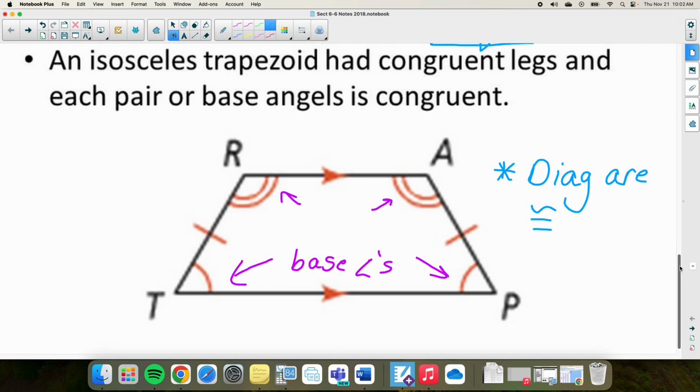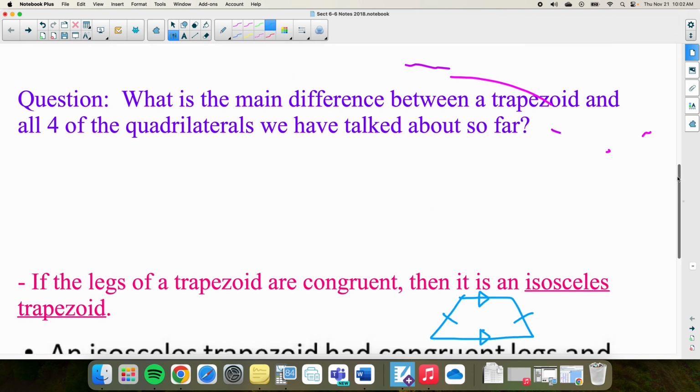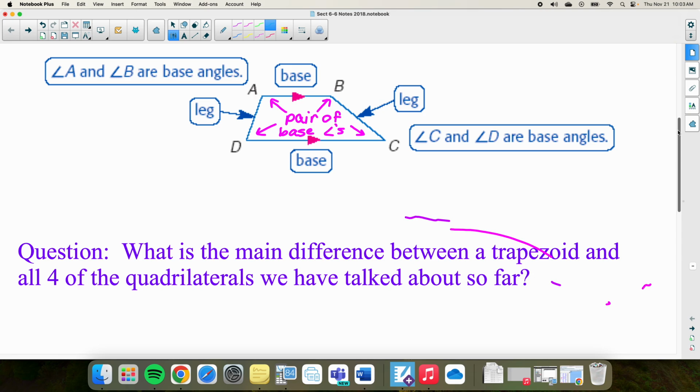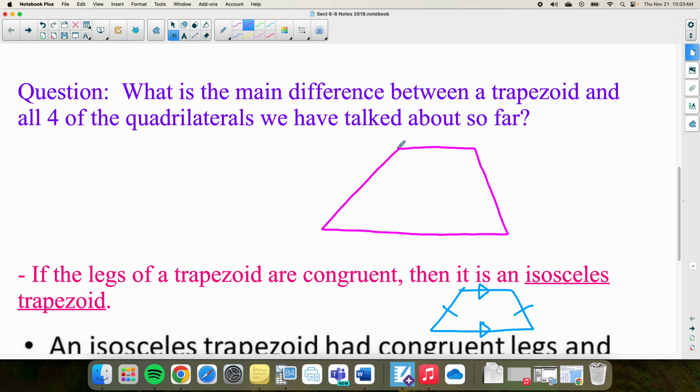And then one more thing that I'm gonna have you write by your regular trapezoid. So on your cheat sheet, you all have a regular trapezoid where these are parallel.